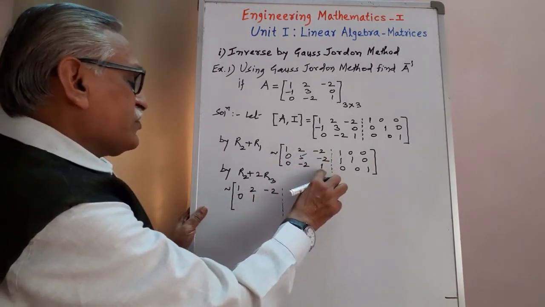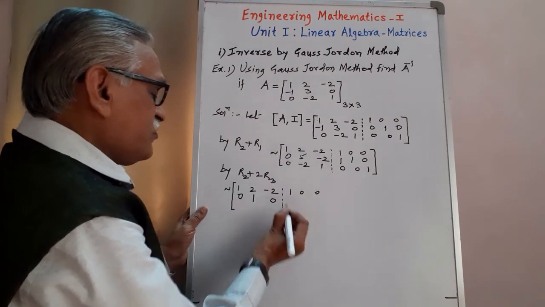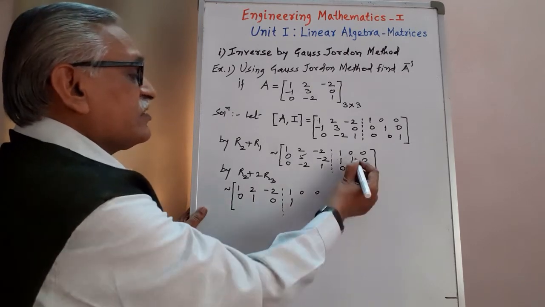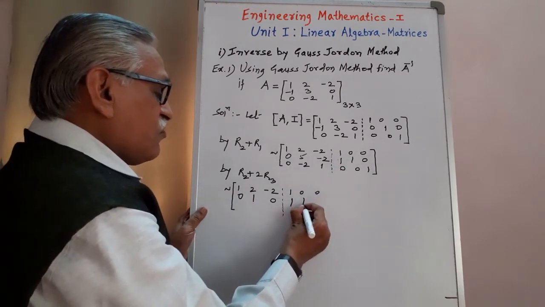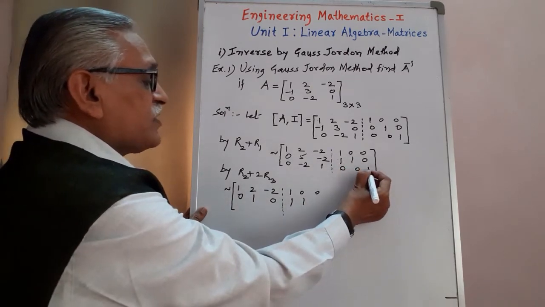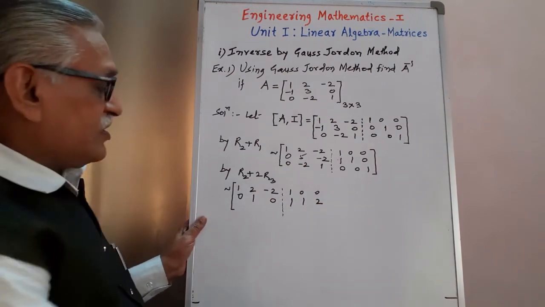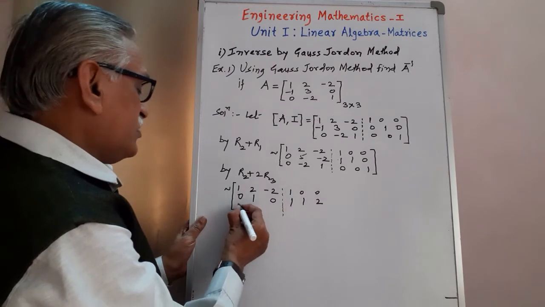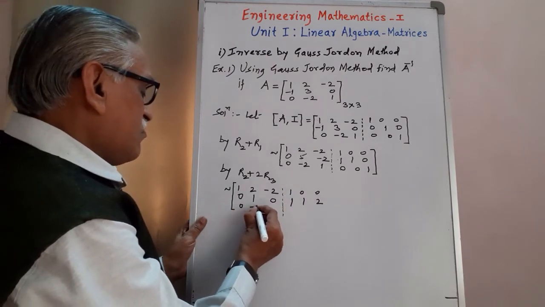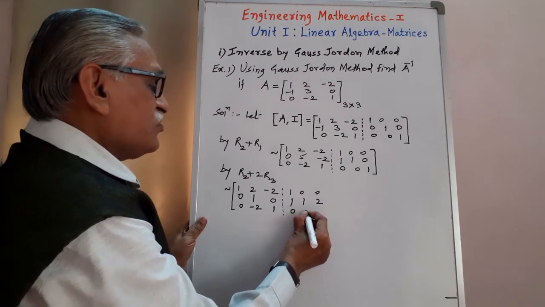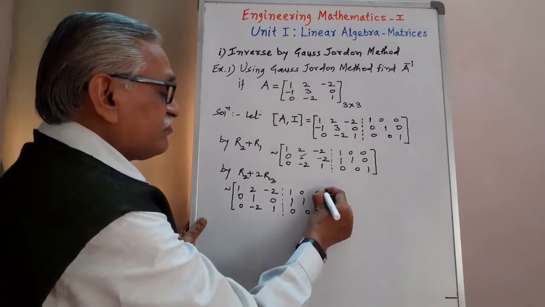Minus 2 plus 2, we get 0. 1 plus 2 times 0, we get 1. 1 plus 2 times 0, 1. 0 plus 2 times 1, we get 2. Third row no change: 0, minus 2, 1, 0, 0, 1.